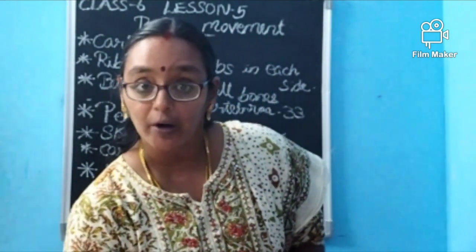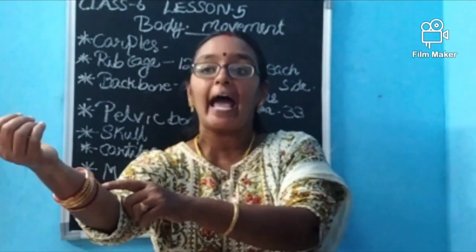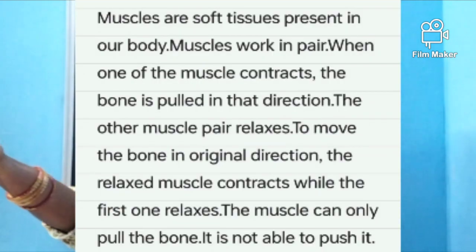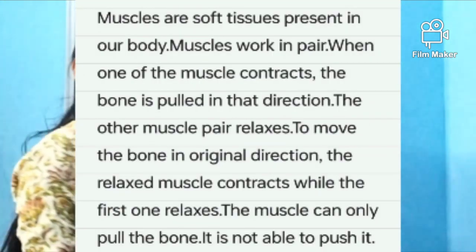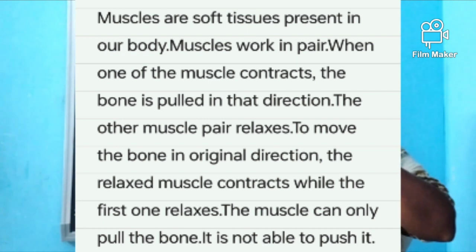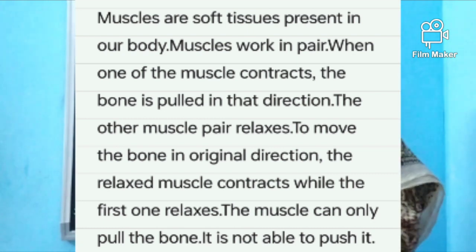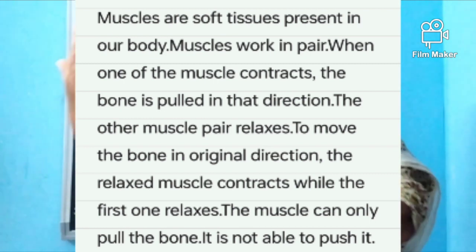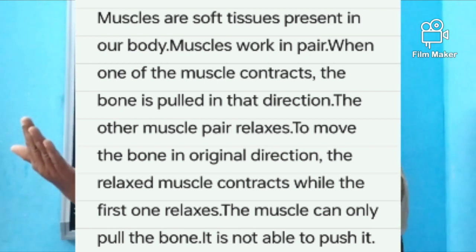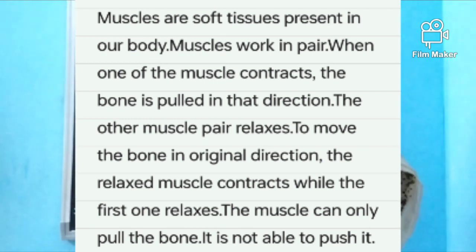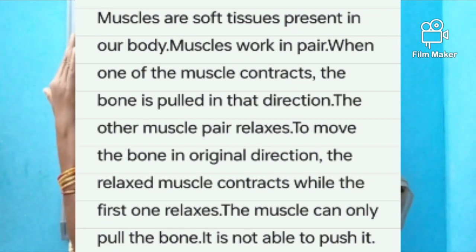See, when your hand is pulled, what will happen? There are two muscles. One of the muscles contracts, which makes the bone move up, while the back side muscle relaxes. The front muscle contracts, making the bone push up, while the back side muscle will be relaxed.